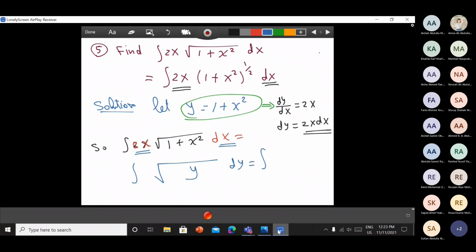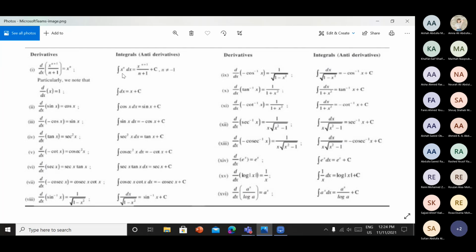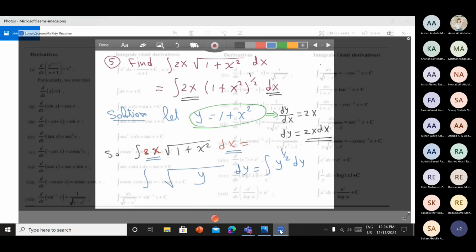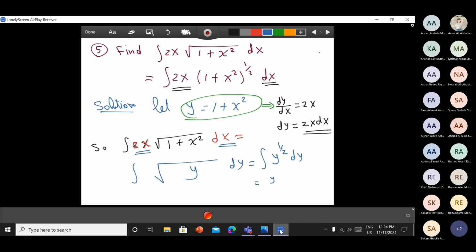So if I make the root square as y to the power half, I can use this one: y to the power n dy will equal y to the n plus 1 over n plus 1. Whatever z or theta t, you should have the derivative of your variable here to add 1 to the power and divide by the new power plus the constant of the integration. So I will add 1 to the half, so I have 1 plus half, it will be 3 half over the new power, plus c.